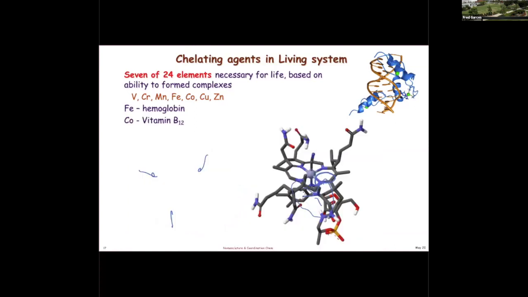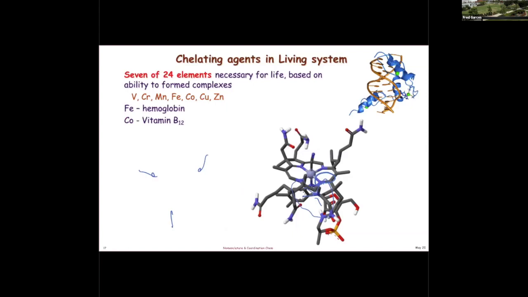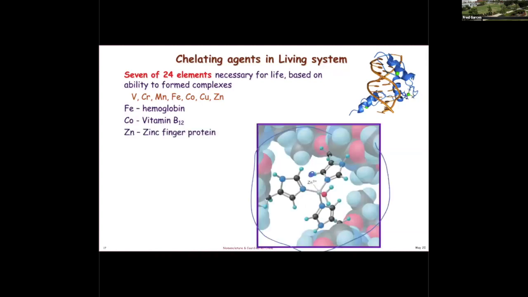Then you also have vitamin B12. And if you take a look at this example right here, you see that this is the metal, the cobalt, and it's got this complex array that is just surrounding it. And then you have zinc fingers. And here it's a tetrahedral geometry around the zinc.